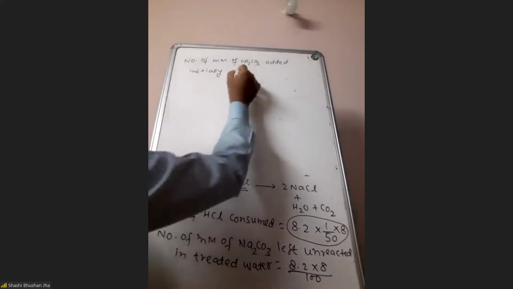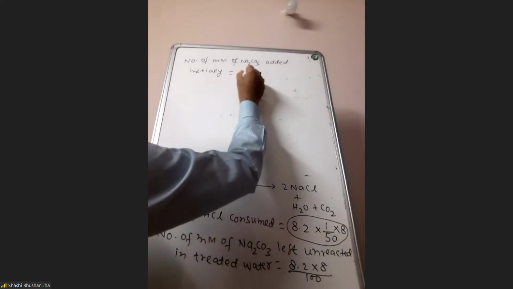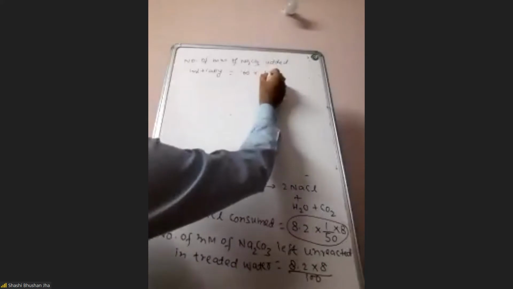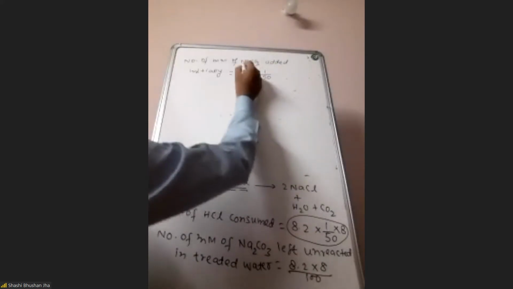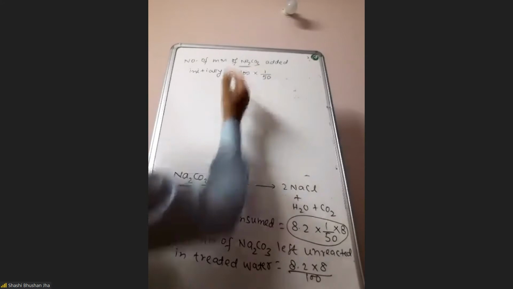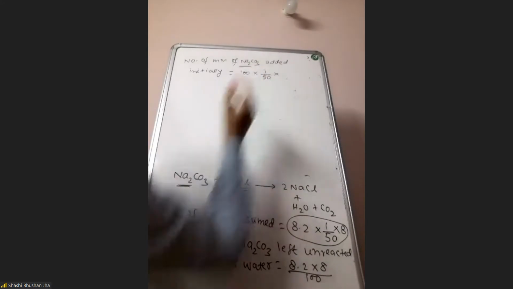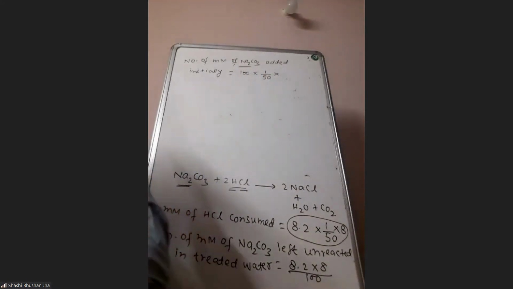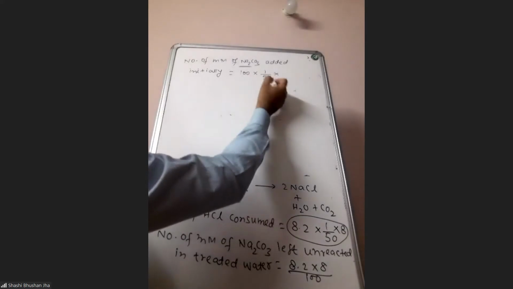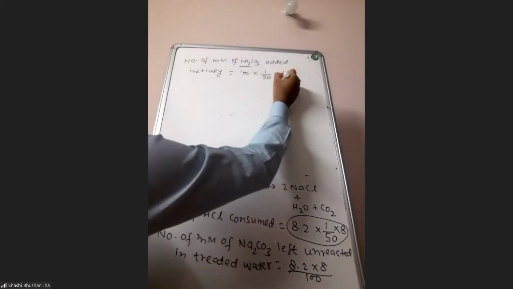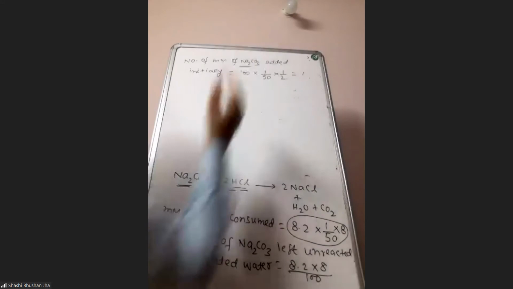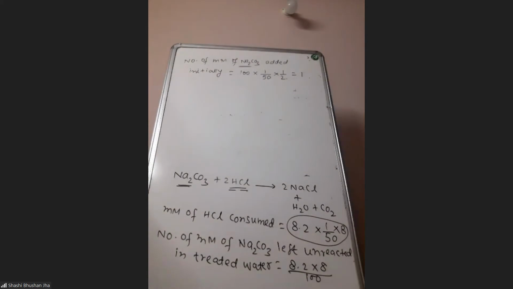So number of millimoles will be volume in milliliter multiplied by its molarity. Its normality is 1 by 50 and N factor for sodium carbonate will be 2. So molarity will be normality divided by N factor. So this will be 1. So 1 millimole of sodium carbonate we have added initially.